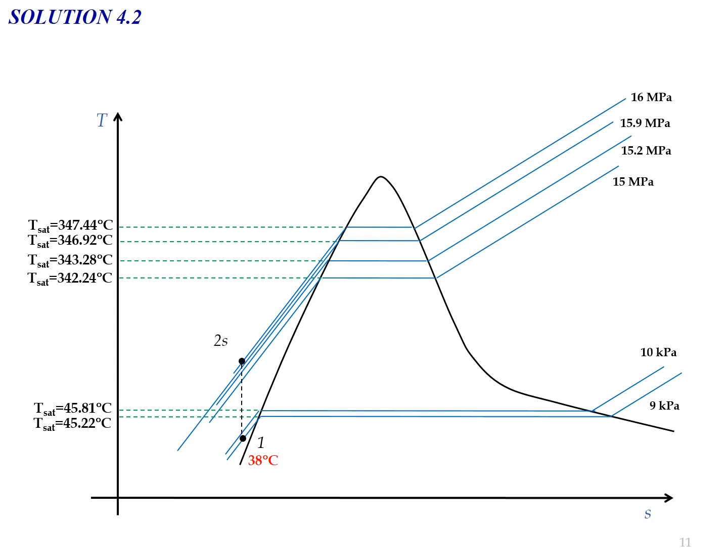And then we know that after the compression, the phase for state number 2 must be compressed liquid, and for state 2s the process must be isentropic.